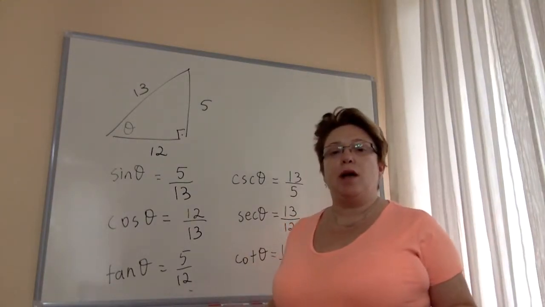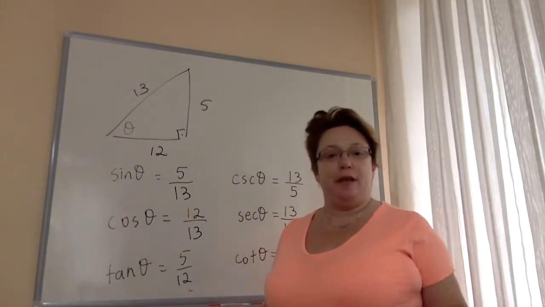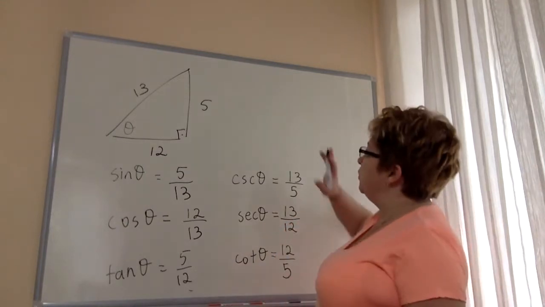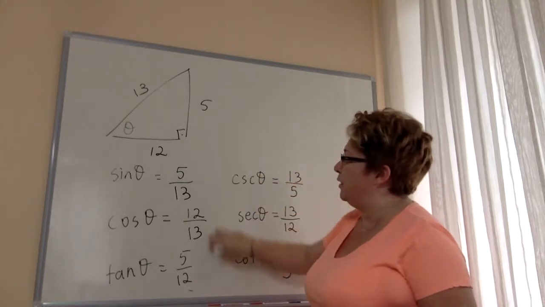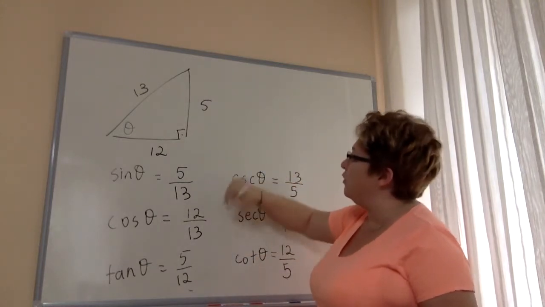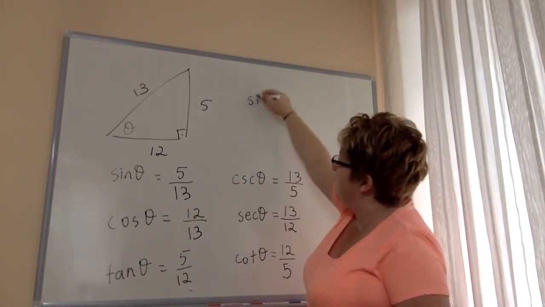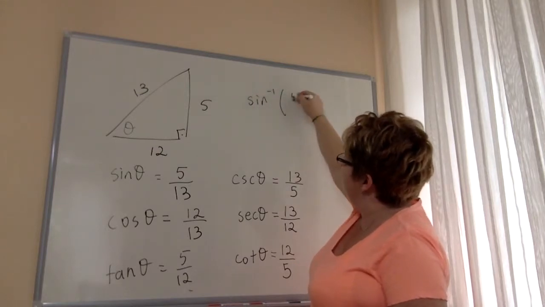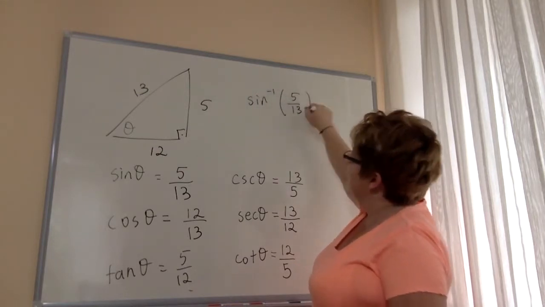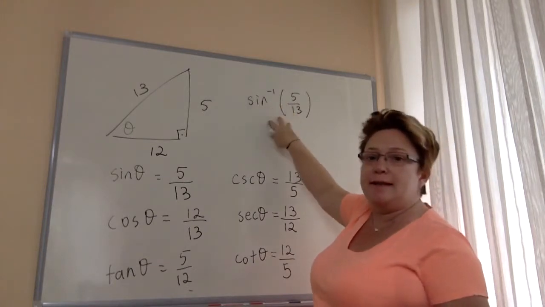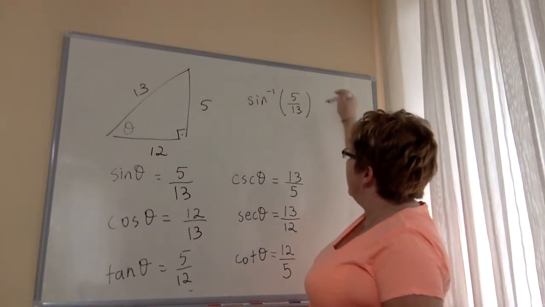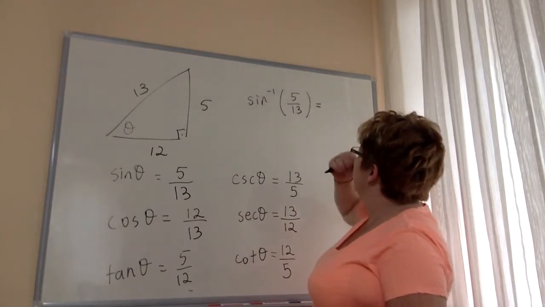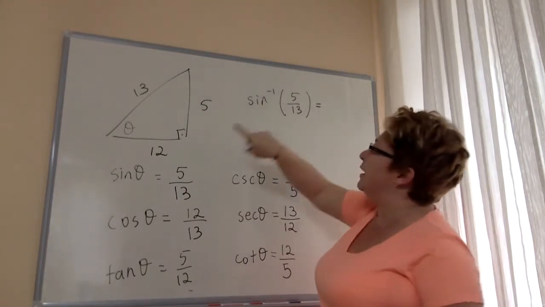Let's say we wanted to find the value of theta. If we went into a scientific calculator and we just used one of these three ratios and the inverse function, so we could say sine inverse of 5/13. The sine inverse function takes in the ratio and gives us the angle. And if we're set on degrees, it'll give me theta in degrees.